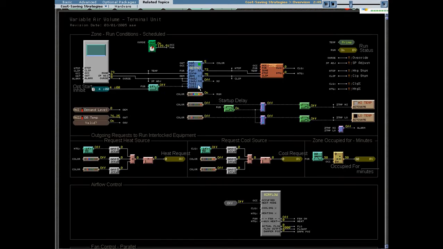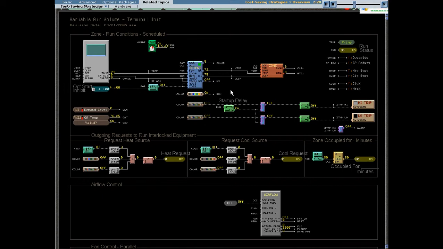Secondly, we have what's called optimal start, and optimal start is inherent in any set point microblock that Automated Logic provides, and it essentially anticipates the need for heating and cooling at occupied time, and will start ramping up heating or cooling as necessary before the zones go occupied.